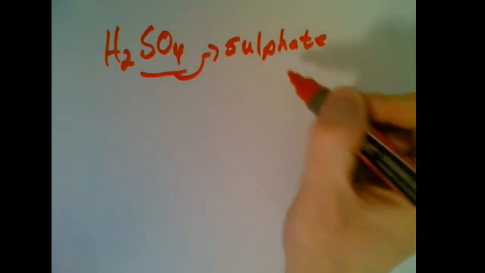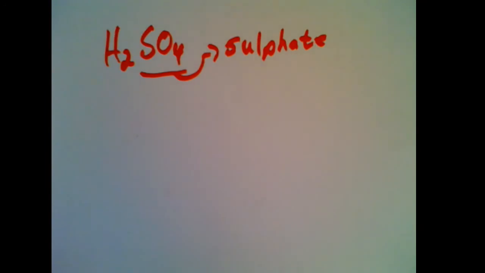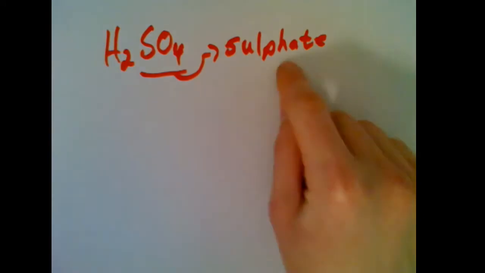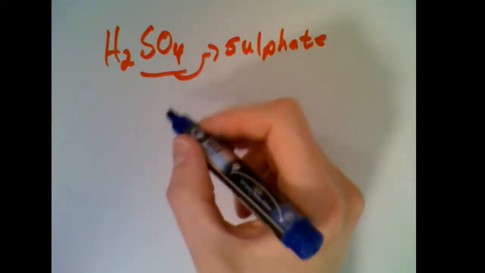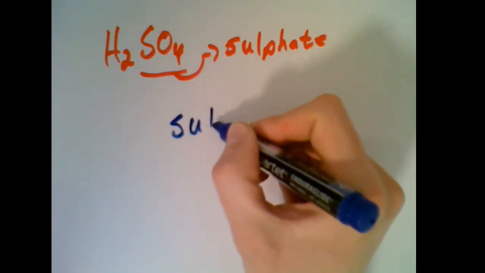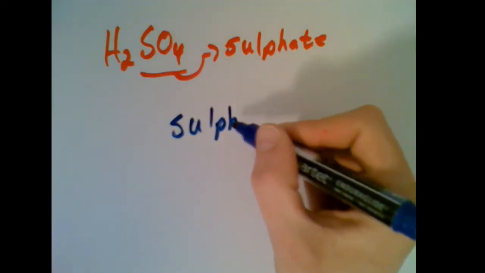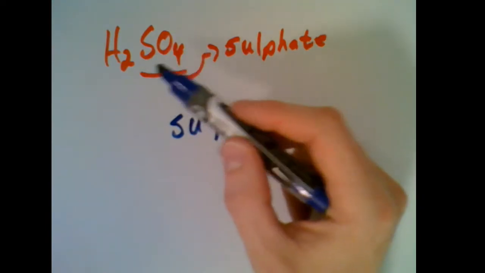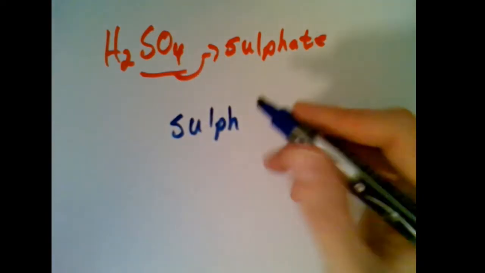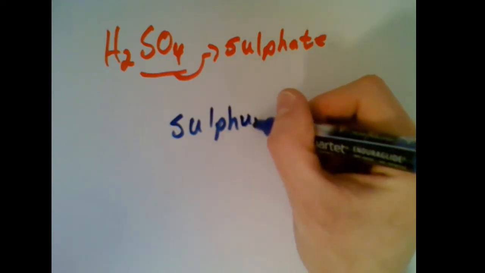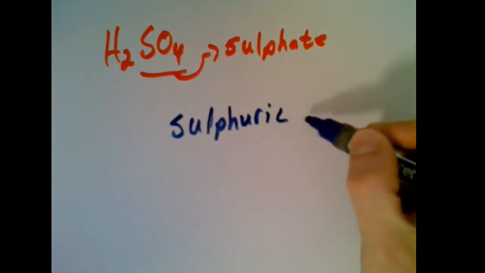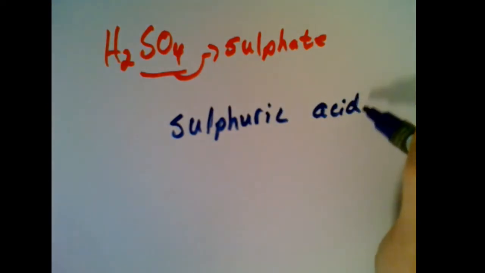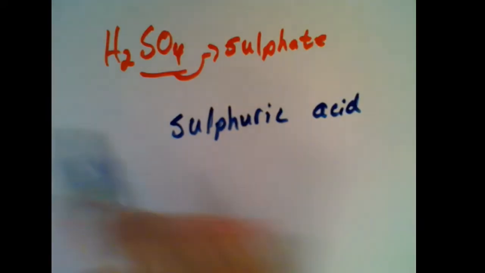Just a heads up again, I use British English, so I use PH instead of F, but if yours says F, it's still the exact same thing. So sulfate ends with ATE, so we need to keep the beginning of the name. Now, just a heads up, when we're dealing with sulfur-based compounds or polyatomic ions, they always keep a UR. So this would actually become sulfuric, and then we add the word acid at the end. So sulfate becomes sulfuric acid.